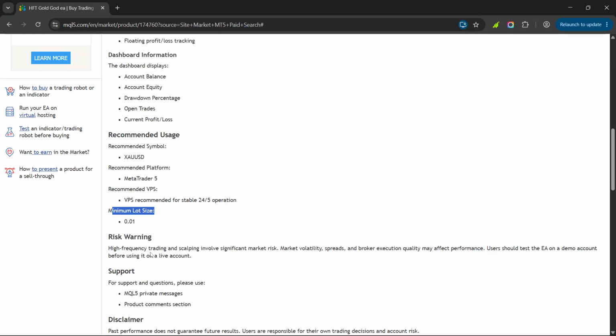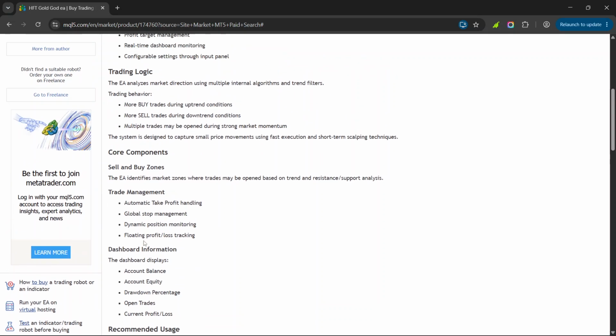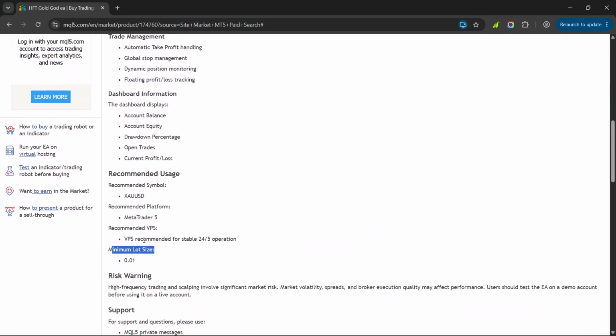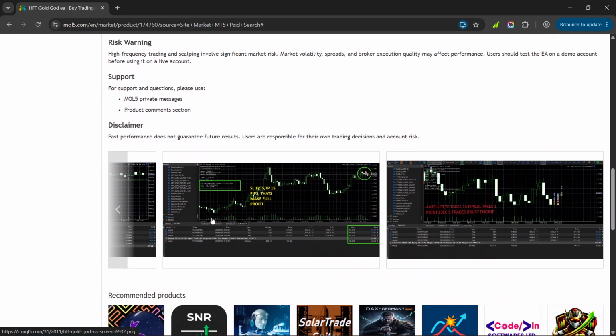Honestly, the page gives the exact indicators and rules a bit vague. It talks about multi-algorithm trend confirmation and buy or sell zones without diving into specifics like which moving averages or oscillators it is using. That is pretty common with these EAs, but it means you are relying on black box performance.